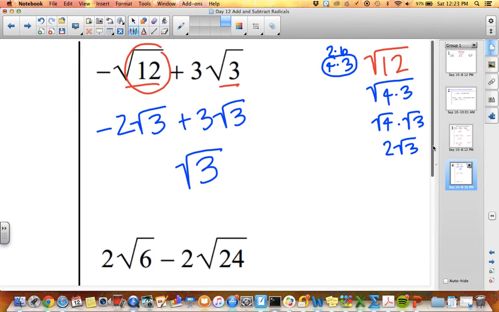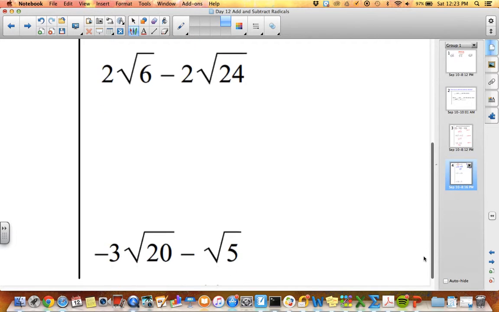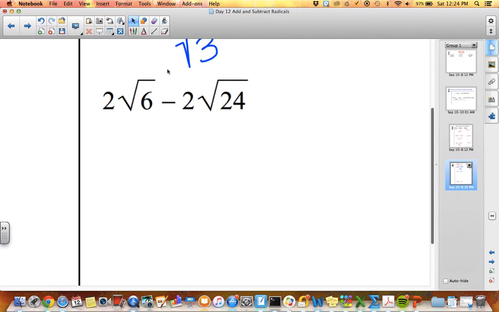Okay? One more before we're done. 2 square root 6 minus 2 square root 24. Again, square root of 6 and the square root of 24 are not the same radical, so I'm going to simplify the square root of 24.